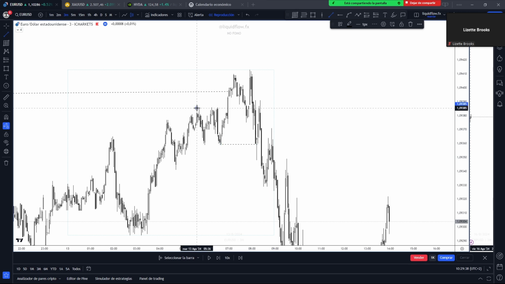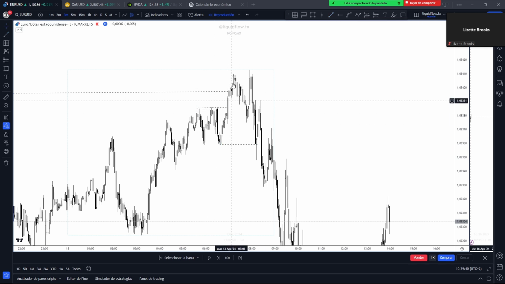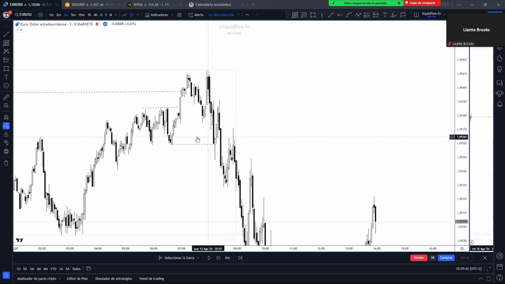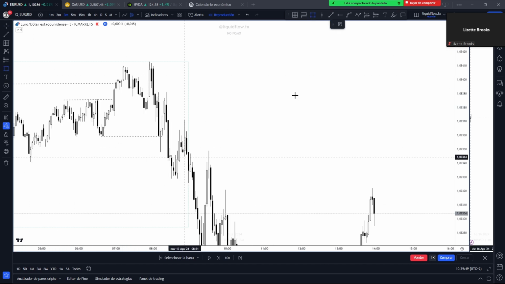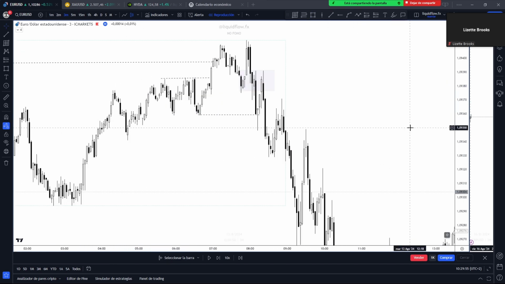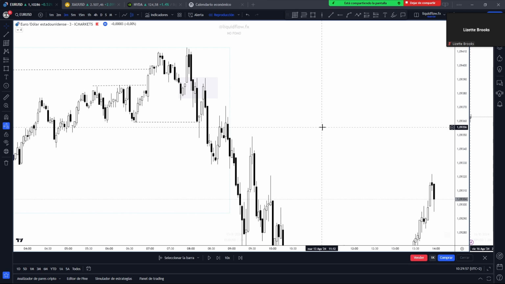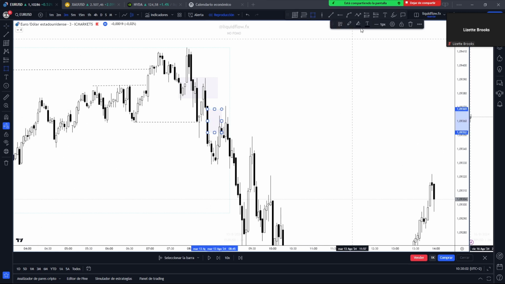We have here accumulation, manipulation, and then you could trade here in this breaker block, or you could trade here when you break this mitigation block, or you could trade here in this fair value gap.